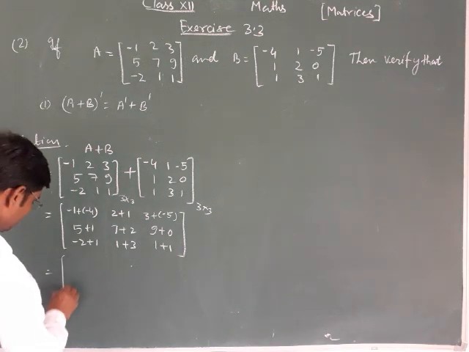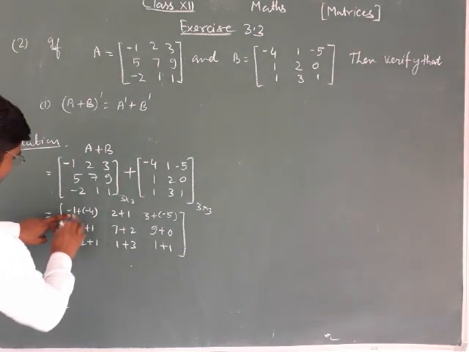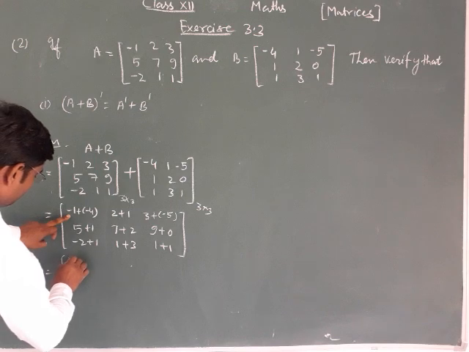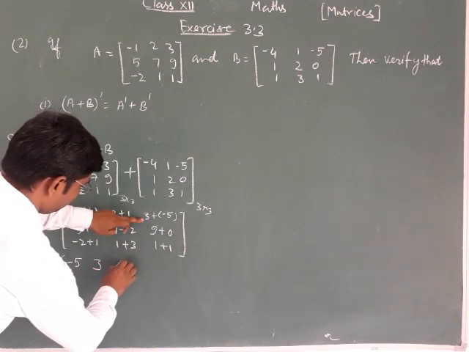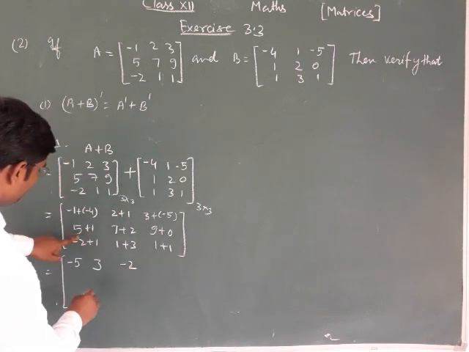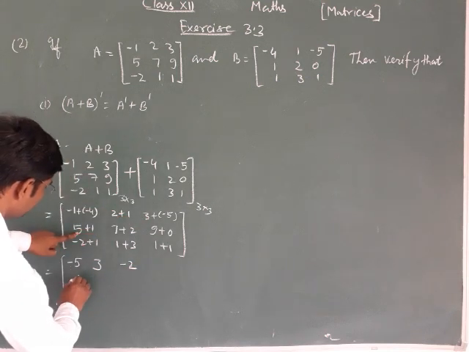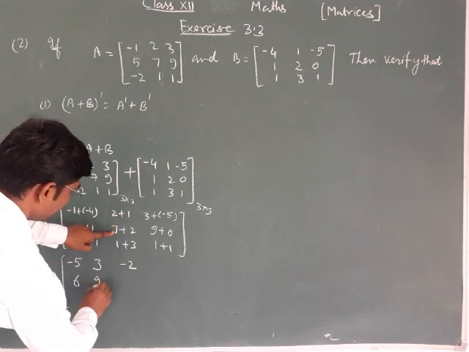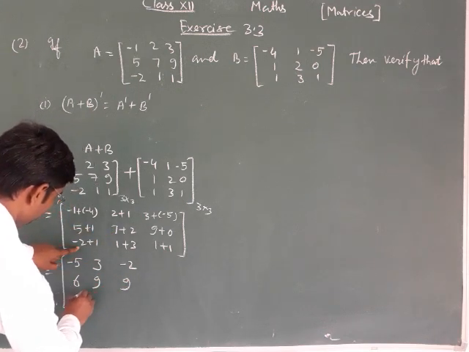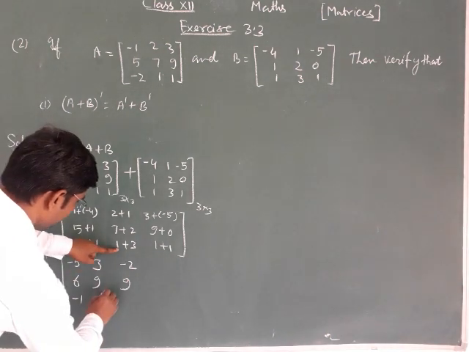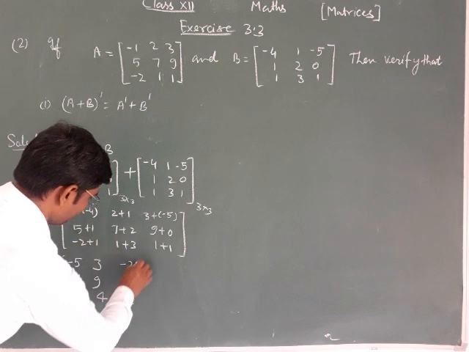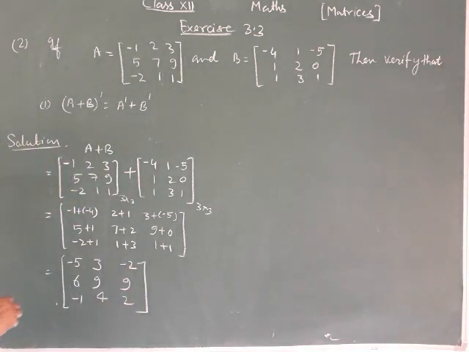So now minus 1 minus 4, so this is minus 5, and also 3 and minus 2, and this is 6 and 9, and also 9, minus 1, minus 1 and 4 and 2. So this is A plus B.